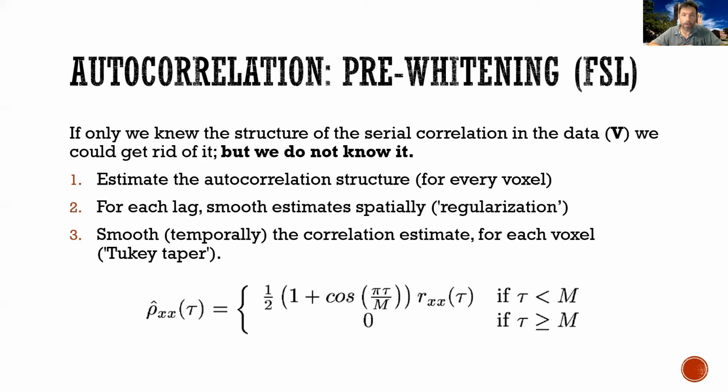Then we apply what is known as a Tukey taper. And this essentially is a smoothing, but in time instead of in space. So point number 2 smooths the estimates in space. Point number 3 smooths them in time using a Tukey taper. Now, the Tukey taper looks sort of menacing written this way, but all it's saying is this.